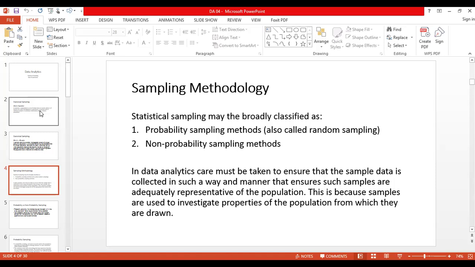Like the example I gave of all the GSS3 students in Nigeria. If an investigation is to be done on all the GSS3 students in Nigeria, let's say we want to know how many of them have personal mobile phones. If we are to do that, we may not be able to collect information from all the GSS3 students in the country.